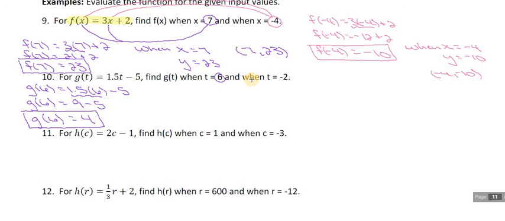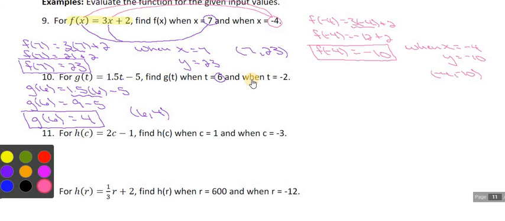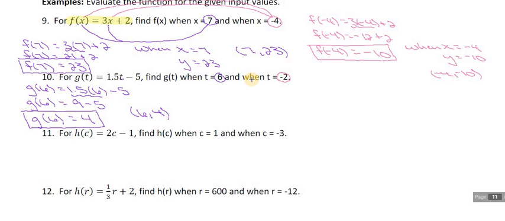So even though we're using completely different variables, the input is always going to be referred to as what we would call the x. So (6, 4) would be equivalent. Now let's plug in -2. So g of -2 equals 1.5 times -2 minus 5.